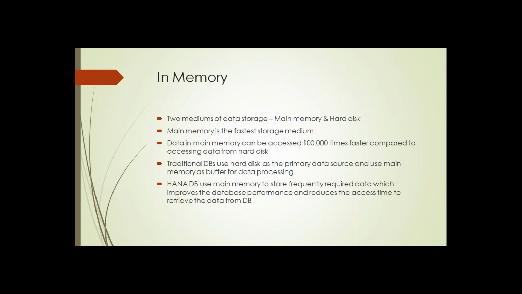Similarly in SAP, until now the same concept was used: the data was mainly stored in secondary storage, the hard disk, and whatever transaction we were processing was performed in the main memory. We all know that main memory is the fastest storage medium. If you compare main memory with the hard disk, it is 100 to 1,000 times faster to access data from main memory.